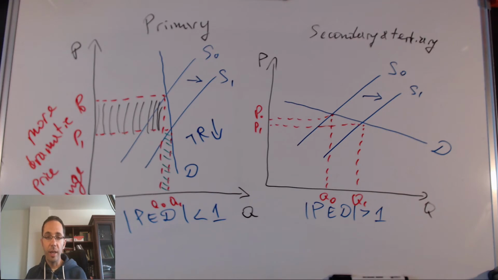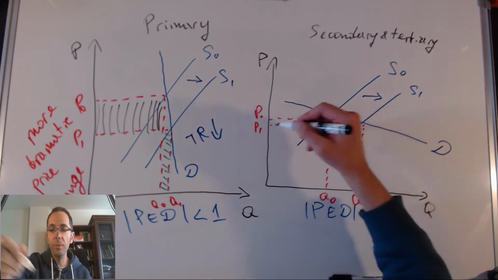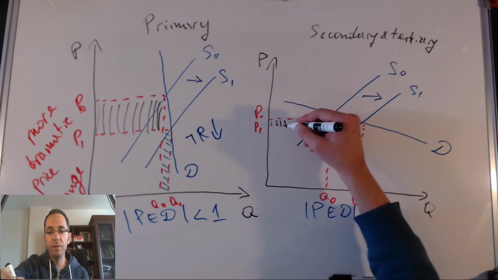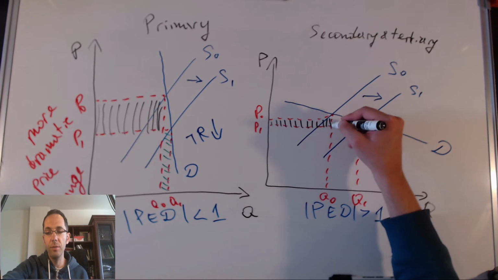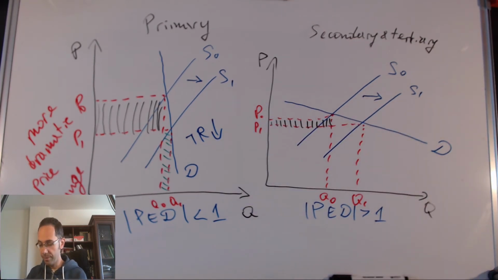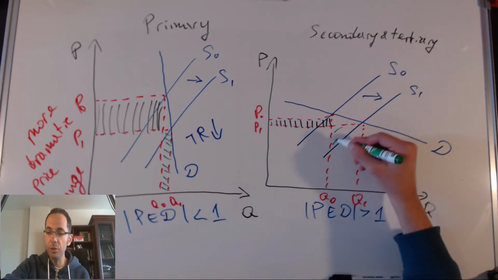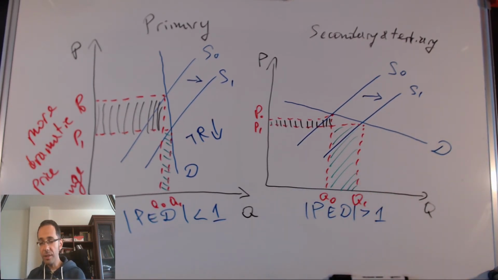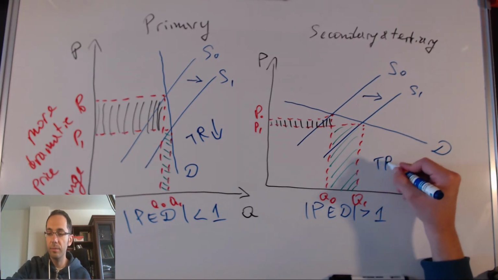When we look at the secondary or tertiary product, from the increase in supply and decline in the price, these firms will lose this much total revenue, but will gain this much. So as a result, we can see that the total revenue is rising.